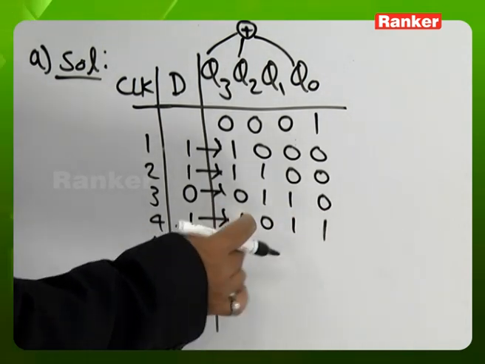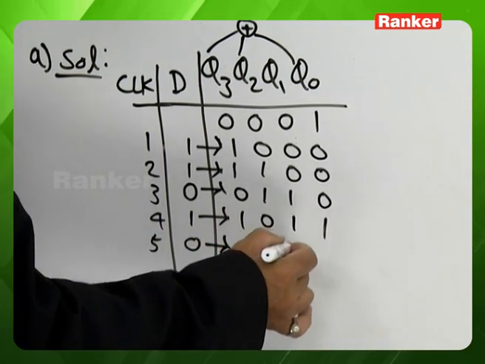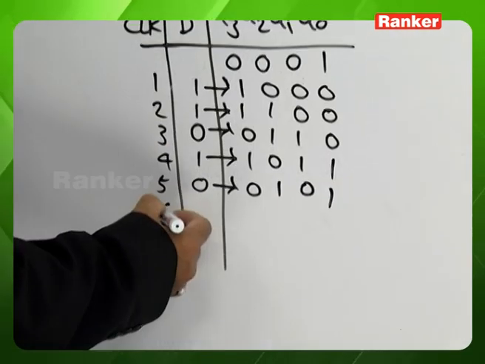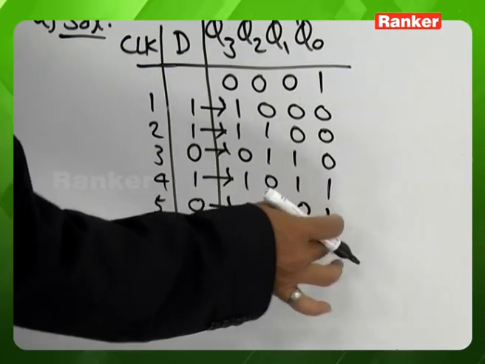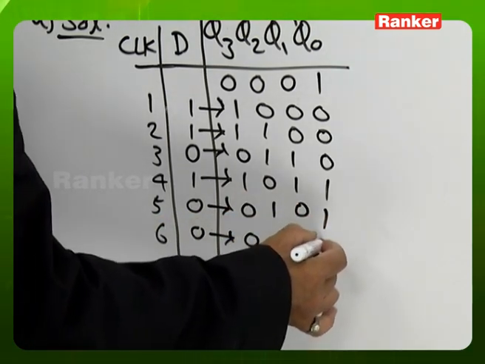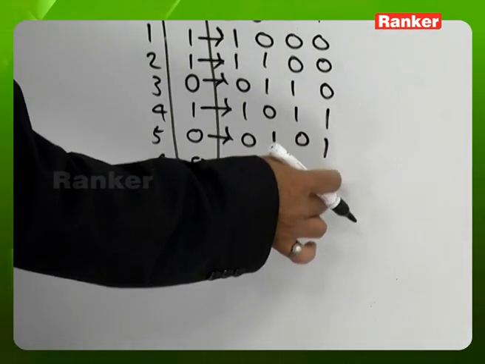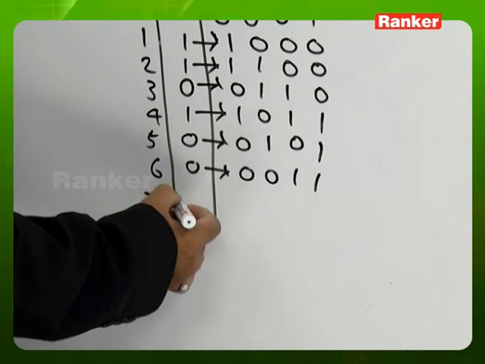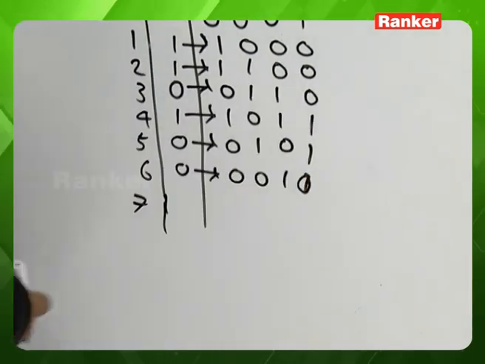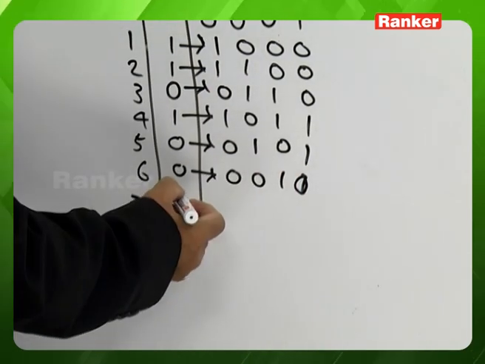Before the fifth clock pulse, if you look, Q3, Q2, Q0, 0. The fifth clock pulse, we are looking at the content. It is not the initial state, so we are going on applying. Before the sixth clock pulse, Q3, Q2, Q0, 0. So that we are looking at the content. Before the seventh clock pulse, if you look, Q3, Q2, Q0, it is 0.